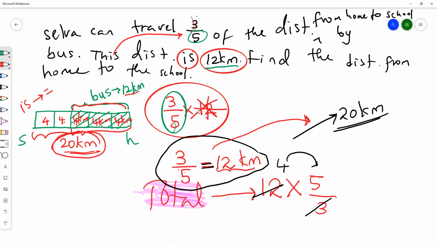I said if a fraction equals something, no problem.